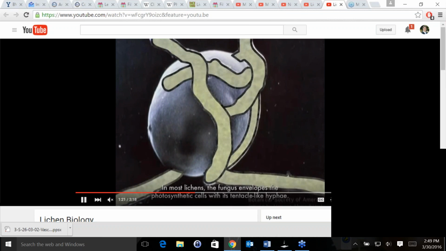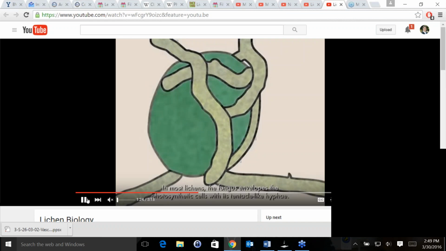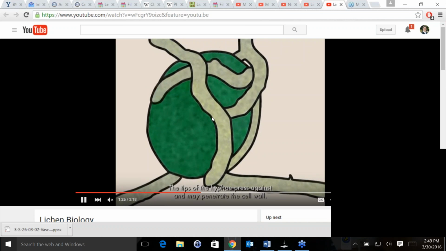Here we see the filaments of the fungus enveloping a cell of a cyanobacterium that does photosynthesis, or an algal cell.